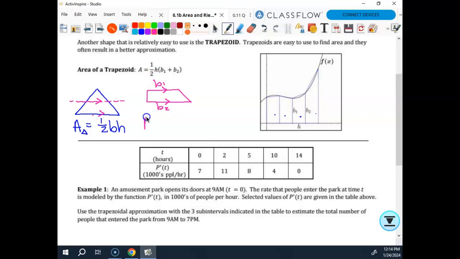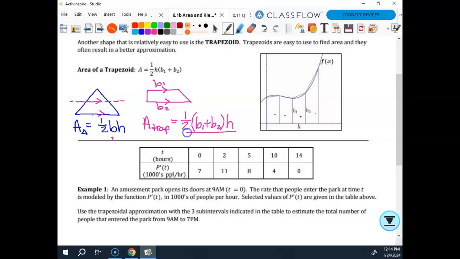And then so the area formula of a trapezoid, if you know this formula, it's pretty much the same except we have two bases now, so I can do 1/2. Instead of base, it's base 1 plus base 2 times the height. Okay? 1/2 times base 1 plus base 2 times the height.